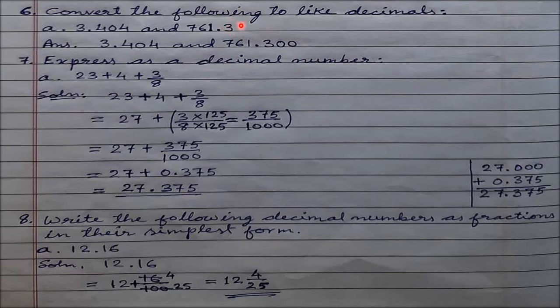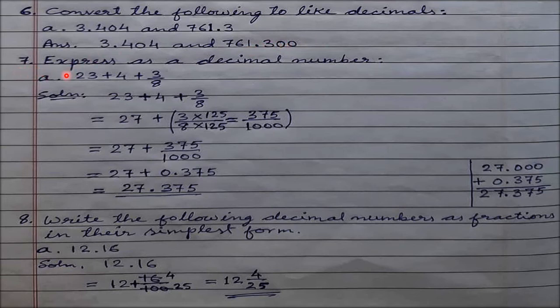So these 2 will have 3 places after the point. Then they will become like decimals. So in the answer, this is 3.404 and the other one, 761.300. It was only up to the first place. We will put 2 more zeros, then they become 3 places after the point, so they are now like decimals. So what you have to do is simply put the zeros at the end. We cannot put zeros in between, only at the end.